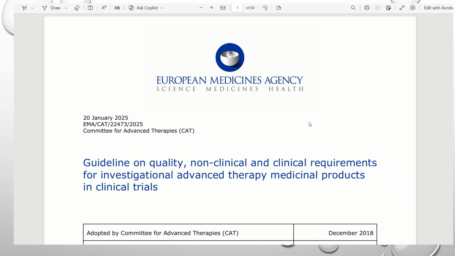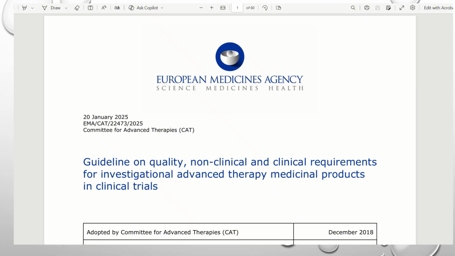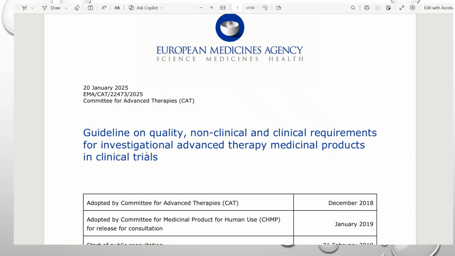I hope that's clear. Right, so I just want to go through some important aspects from this guideline relating to the presentation of information, what information goes where. This guideline is for clinical trials and it's for the IMPD dossier, and it relates to the quality, non-clinical, and clinical requirements. What information should go into those IMPDs and where.